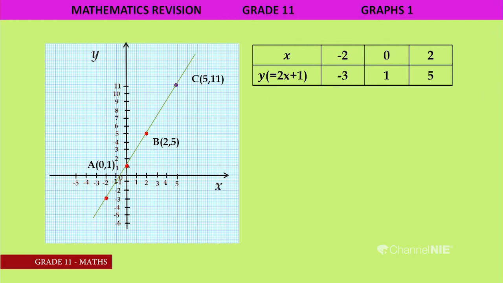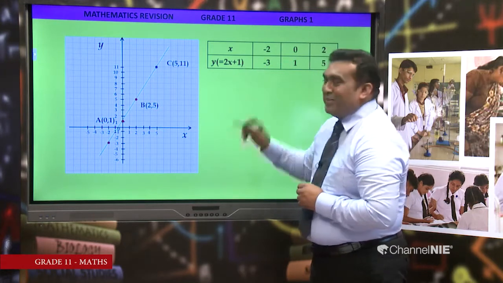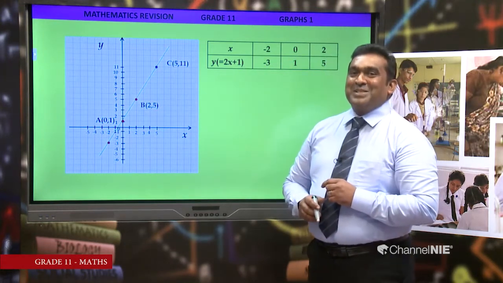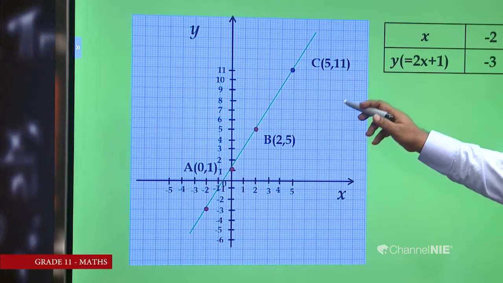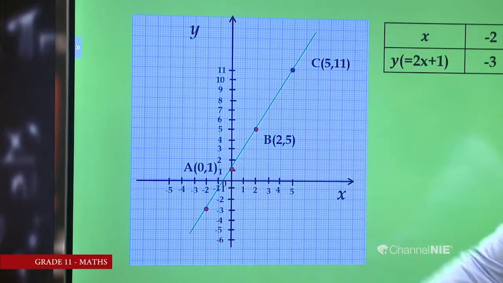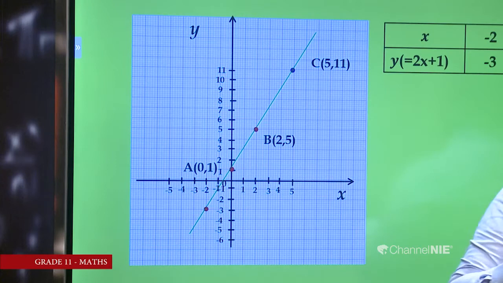There is an additional point here. When x equals 5, 2 into 5, 10. 10 plus 1, 11. Using these 4 points, we can draw the graph of the function y equals 2x plus 1.